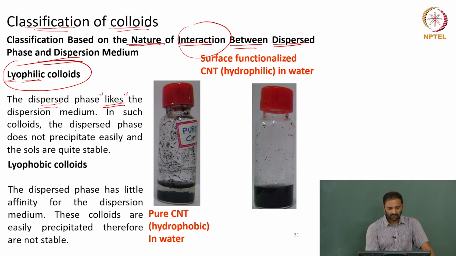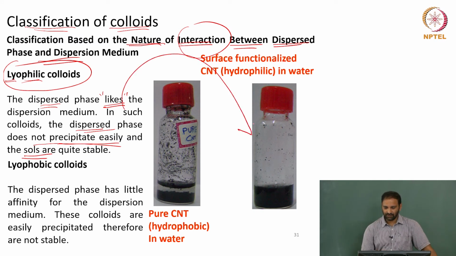In such colloids, the dispersed phase does not precipitate out easily. If you put such particles in water, it doesn't settle down or aggregate and form large clumps, and the sols are quite stable. An example is given here. I'll tell you what exactly this vial is in a while.